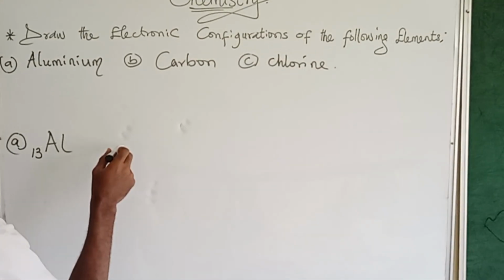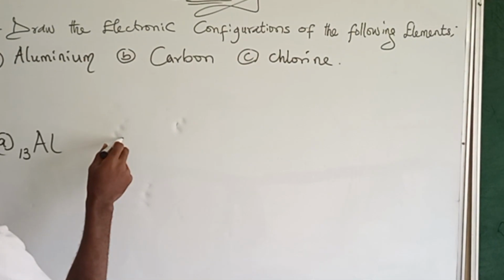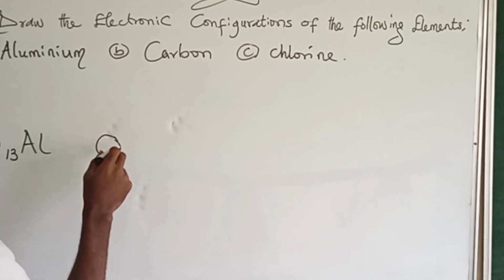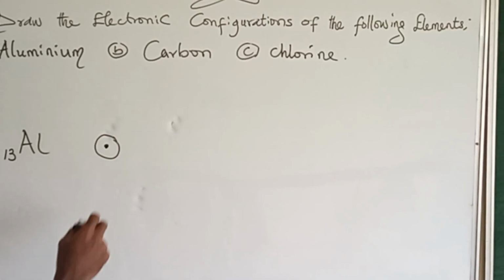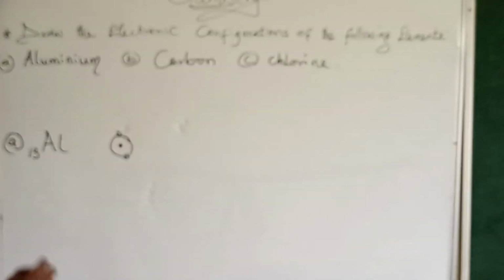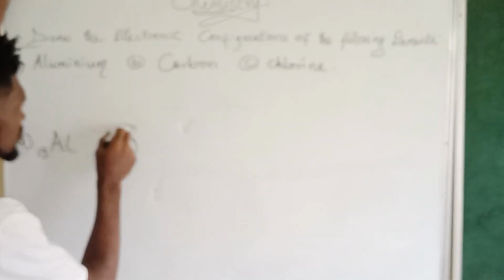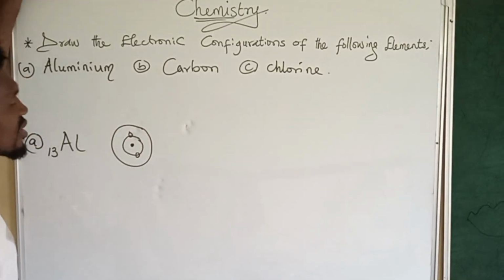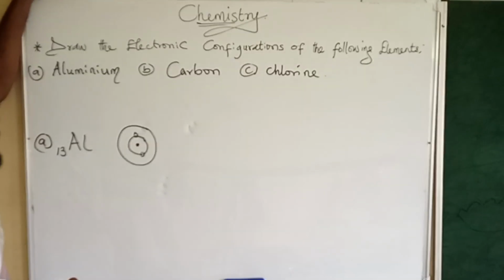As usual, the first shell takes a maximum of 2 electrons. So it's 1, 2, and this is how you draw it. And the second shell takes a maximum of 8 electrons.